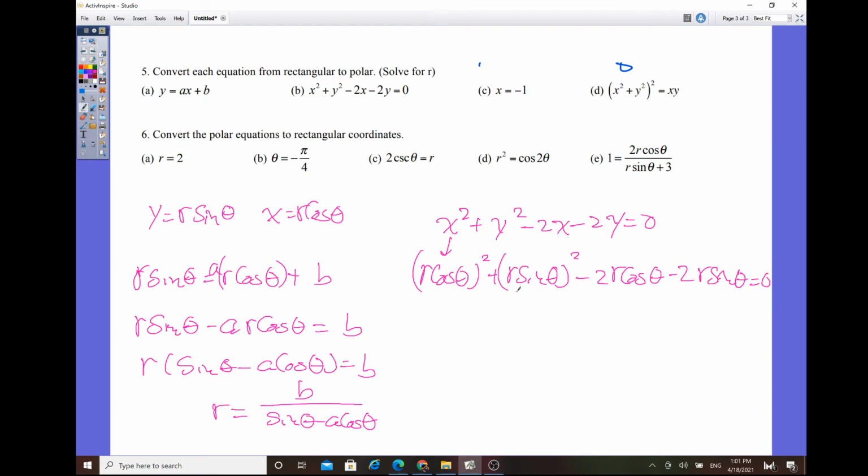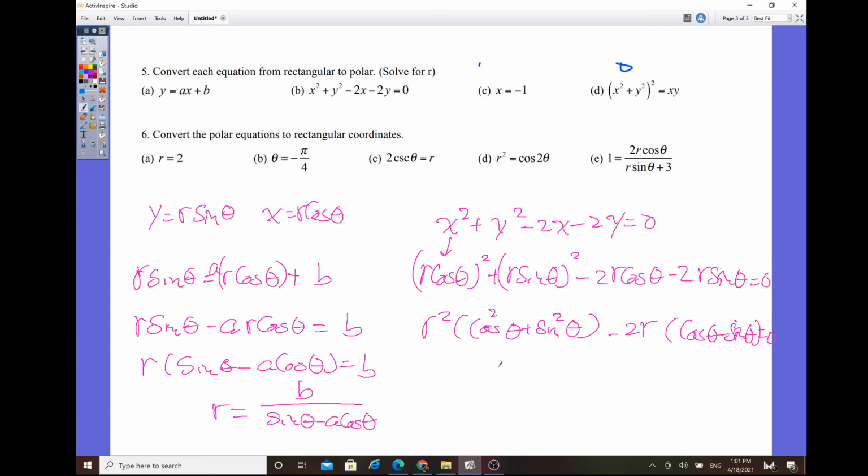One thing we notice, once you take out r squared, cosine squared of theta plus sine squared of theta, then that's considered 1. And then over here, take out negative 2r, so we have the quantity cosine of theta plus sine of theta, equals 0.